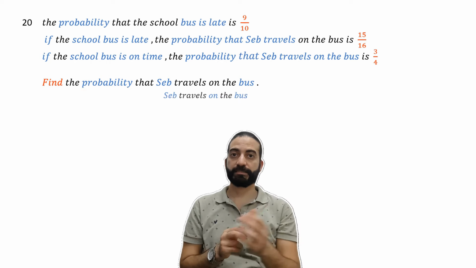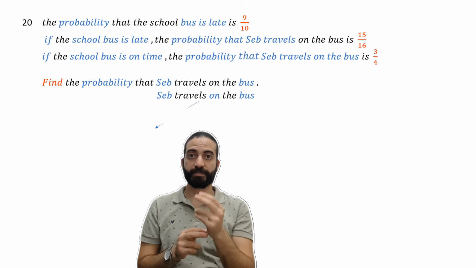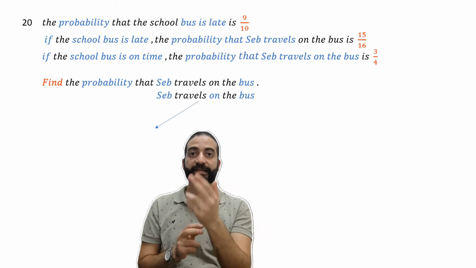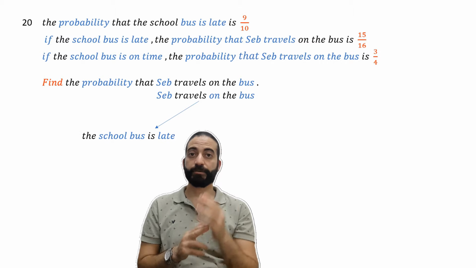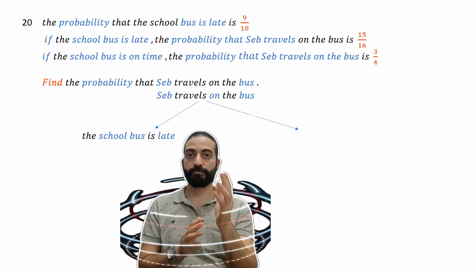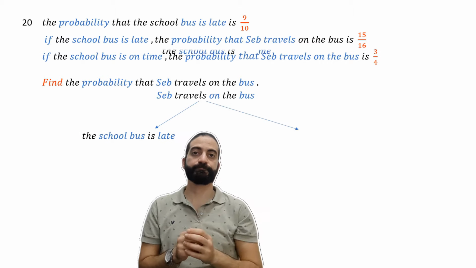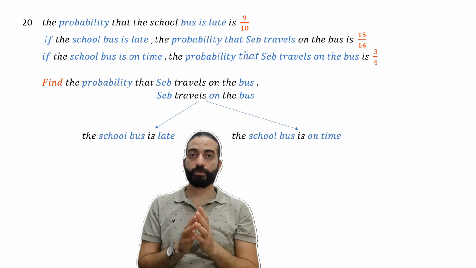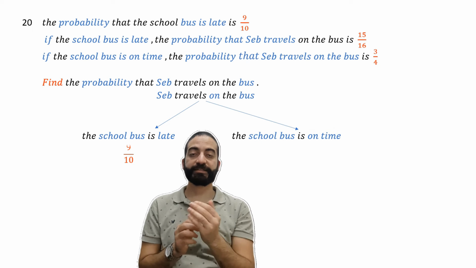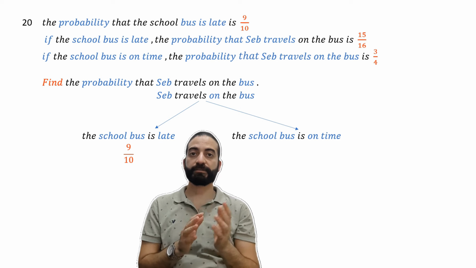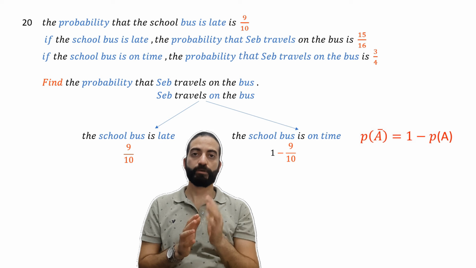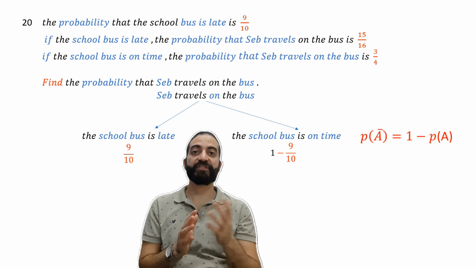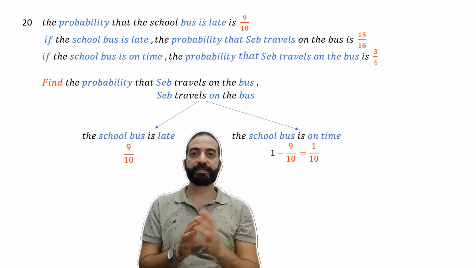Seb travels on the bus. There is a possibility that the school bus is late, and there is also another possibility that the school bus is on time. Probability that the school bus is late, 9 over 10. And the probability that the school bus is on time is 1 minus the probability that the school bus is late, which equals 1 over 10.